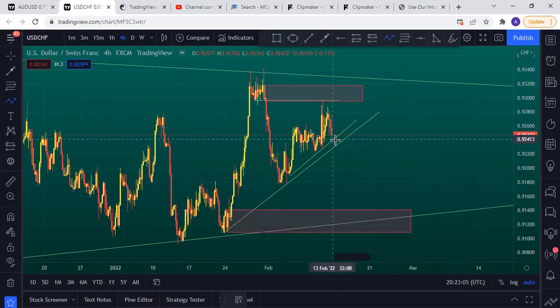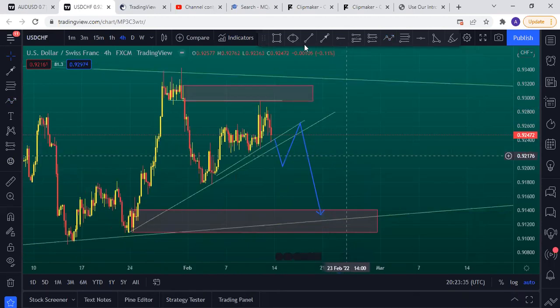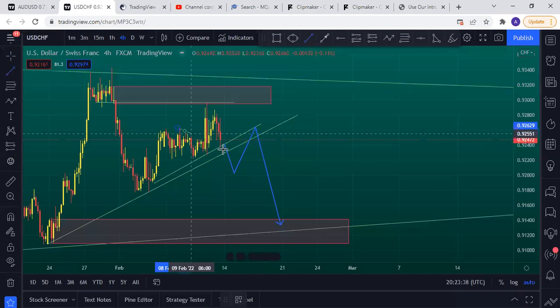There's a really nice zone here, and we have two alternatives. Either price breaks this way, or we see price bounce this way, which is not really so visible at the moment. This is the 4 hours time frame.